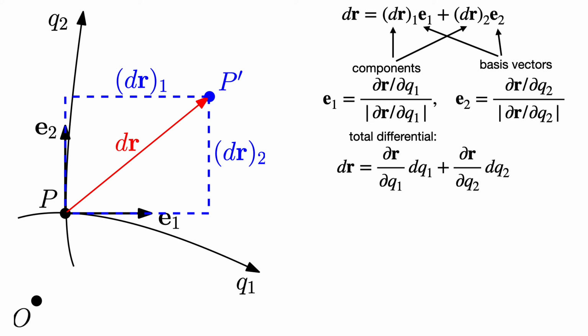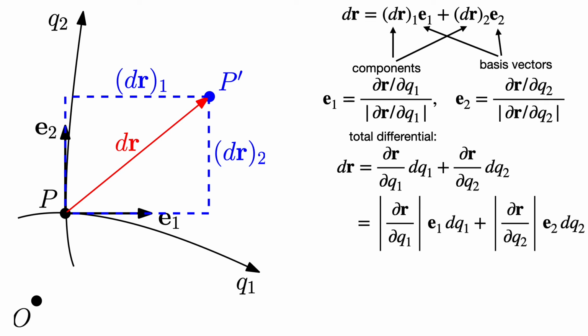However, since dr is a total differential, we also know that dr is equal to dr by dq1 times dq1 plus dr by dq2 times dq2. This is basically just the chain rule. Notice that the dr by dq1 and dr by dq2 that appear in this expression for the total differential are related to the basis vectors e1 and e2 as shown here.